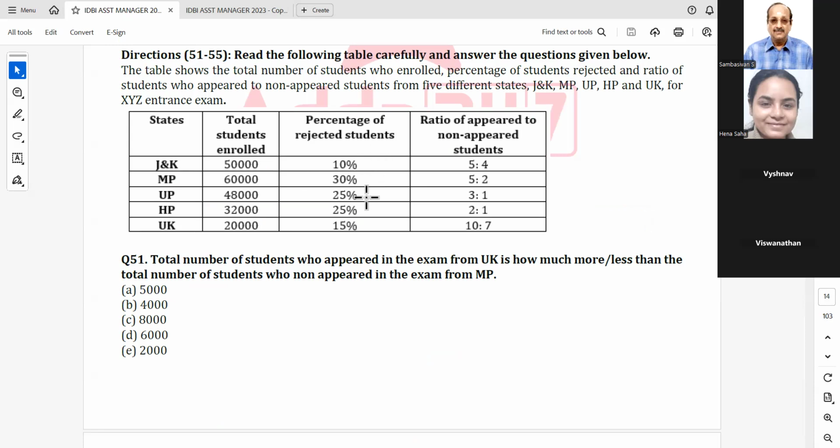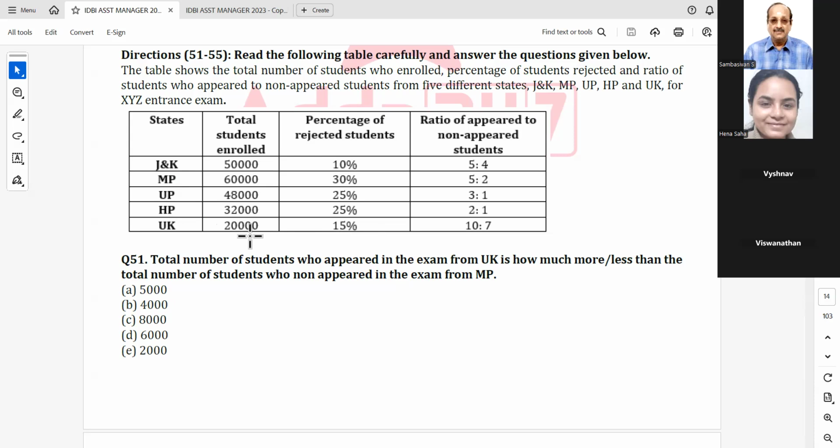Acha, sir, acha. 48, right? Percentage rejected is there, na? Sir, no, sir. They have given us total number 25% less than the total number of students enrolled in UP, sir. Then why did you not take 85% of 20,000 in UK? Sir, no, UP, sir, 48,000.